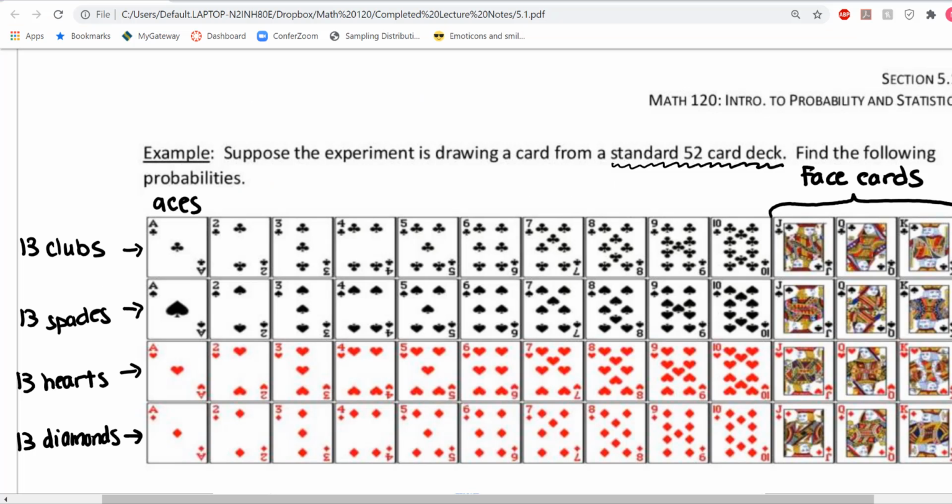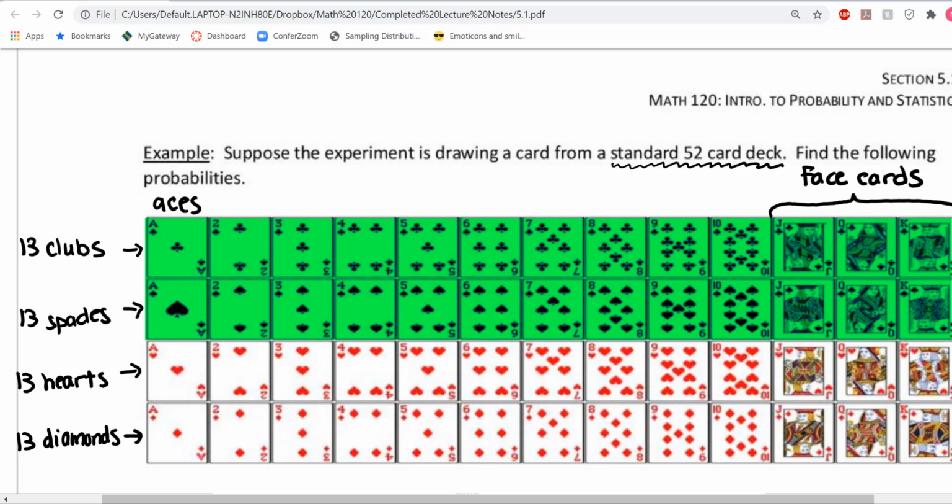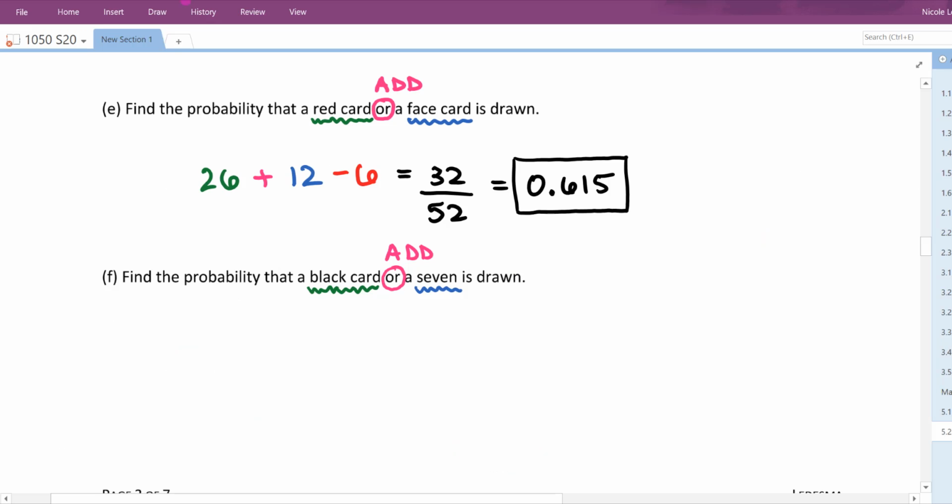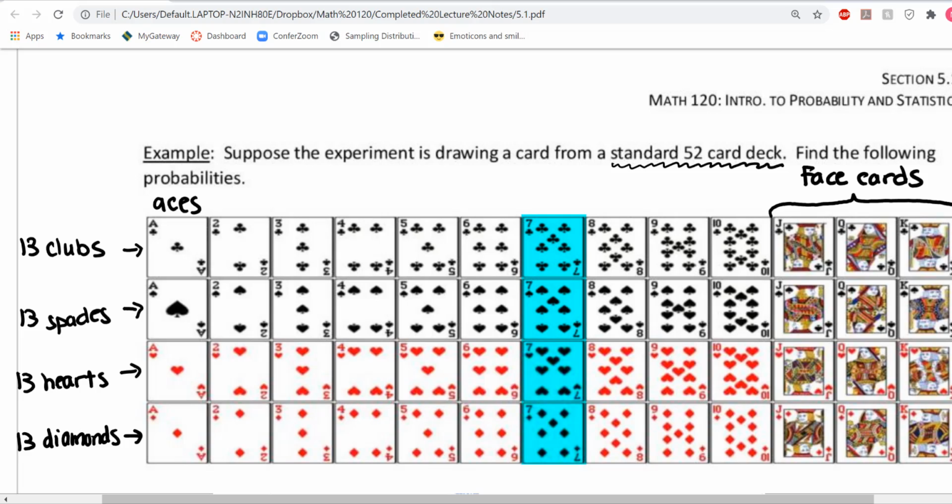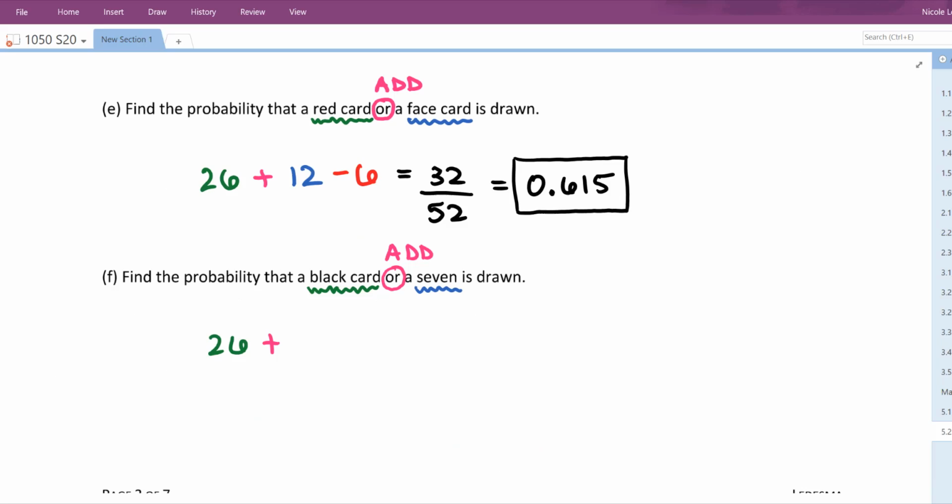Okay, so then going to our deck of cards, here we have our black cards. So we have 26 black cards. Or tells us to add, so then plus 7s. Here are our 7s. Okay, so then we have 4 7s that we should add.